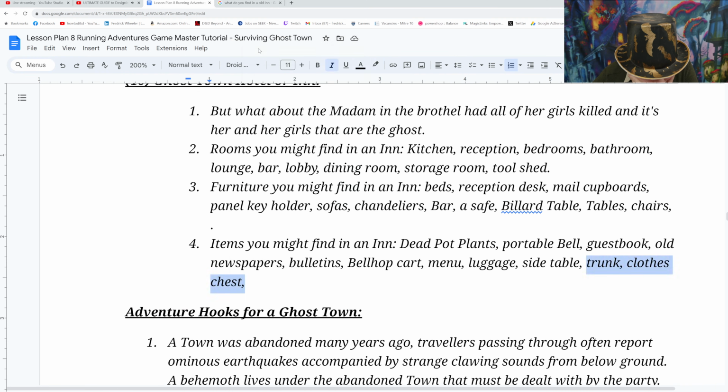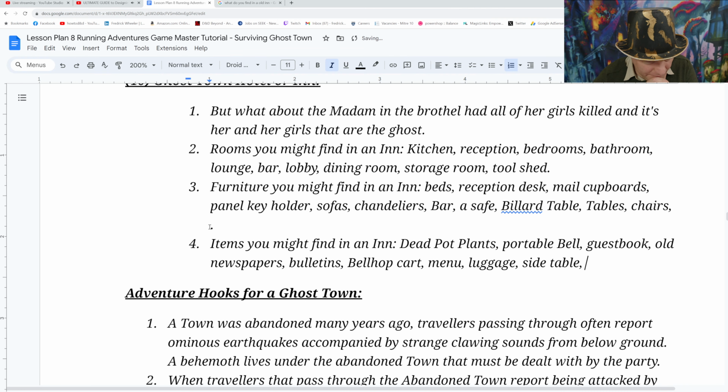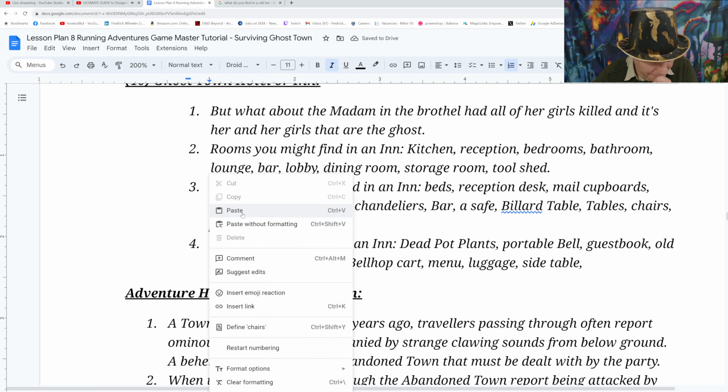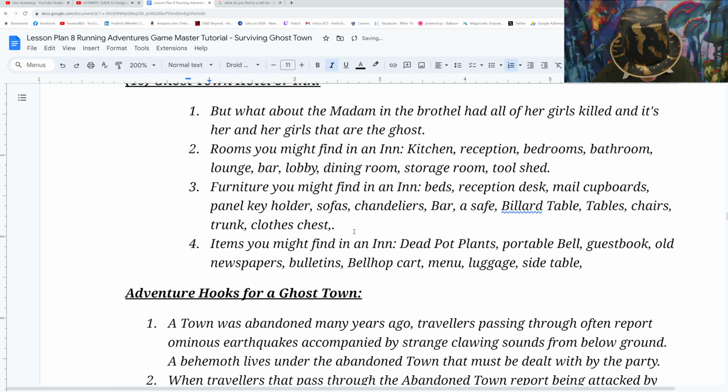Cut. Put that over here. Paste. And a drawers. Tall boy.